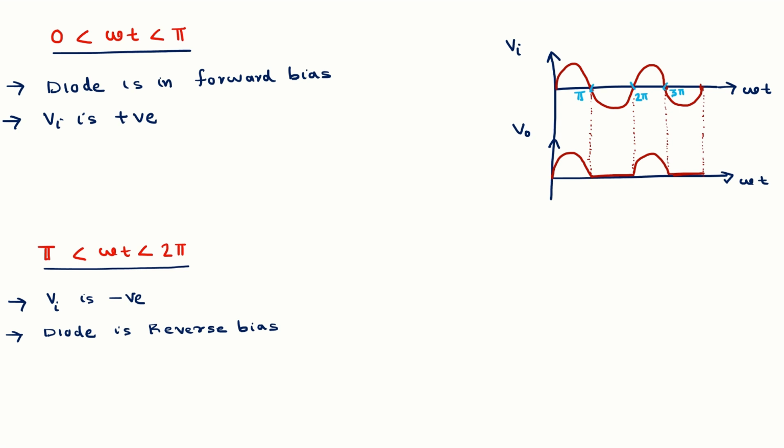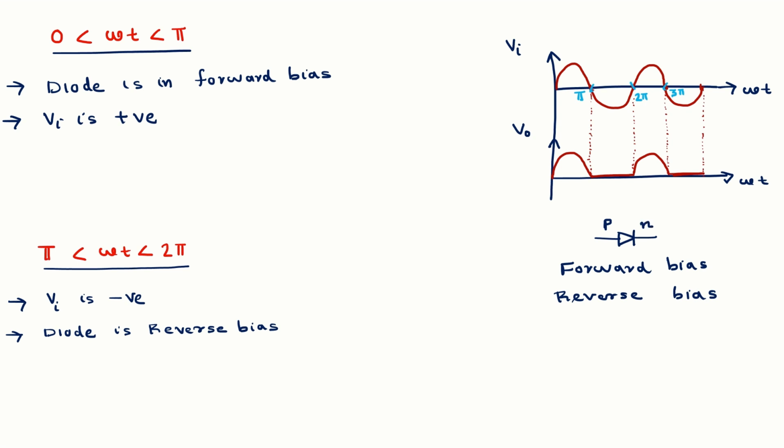Then all of you know that the diode is operating in two modes. The first mode of operation is forward bias and the second mode of operation is reverse bias. In the diode, this is the p-type semiconductor, p side, and this is the n side.